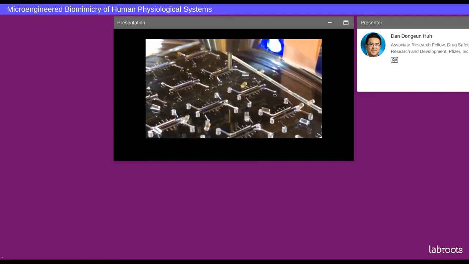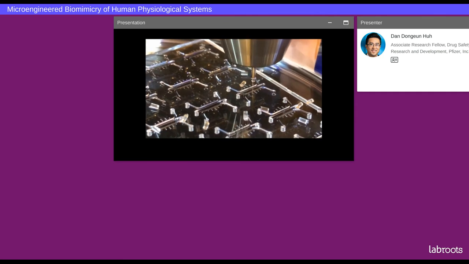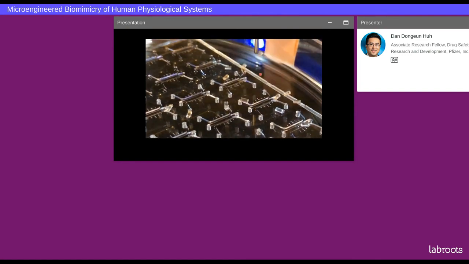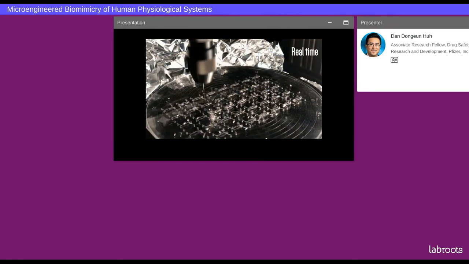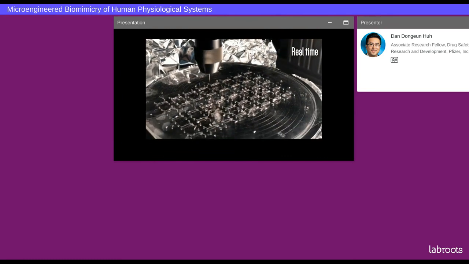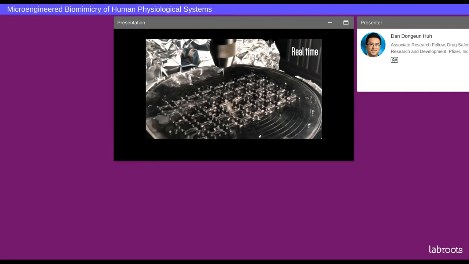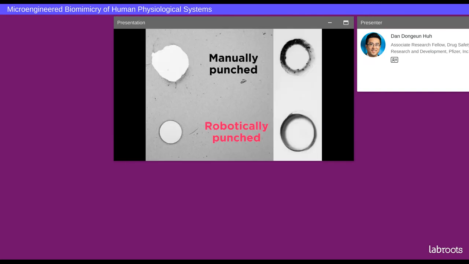So this is a robot convention. We use this rotating spindle to cut PDMS like butter, and between punches, the ejection pin comes out to pick up the core to prevent clogging. We can go through a large number of devices very quickly, as you can see in this movie. But we can also significantly enhance the quality of hole punching, as you can tell by comparison in this image.